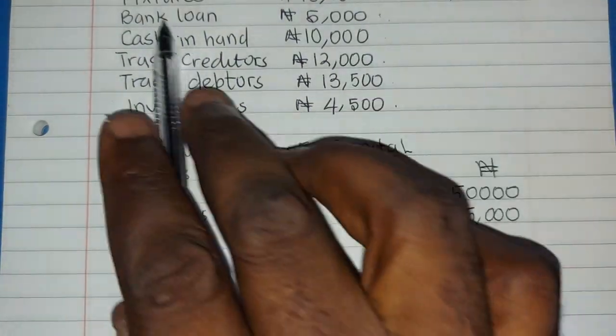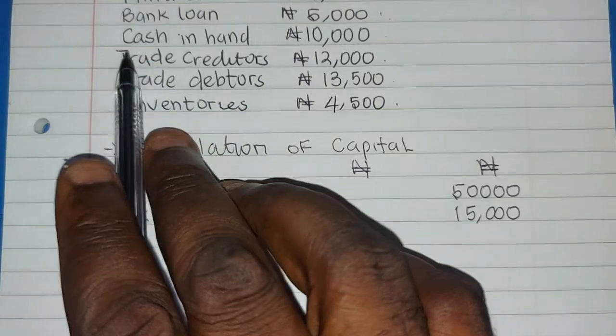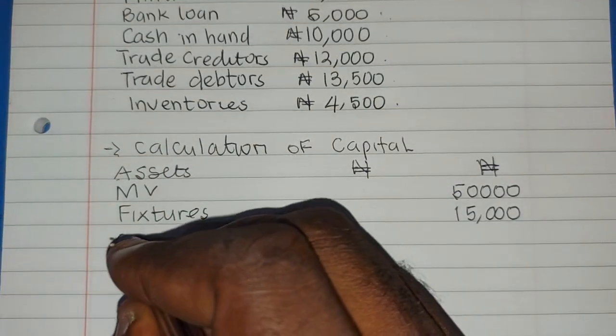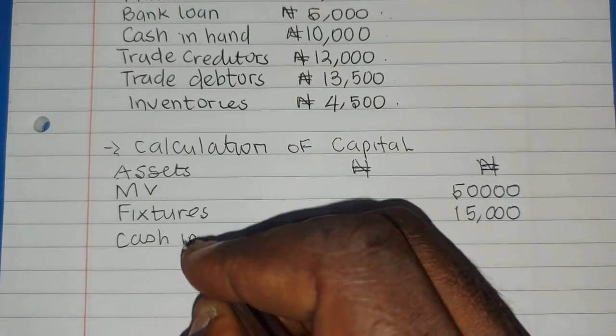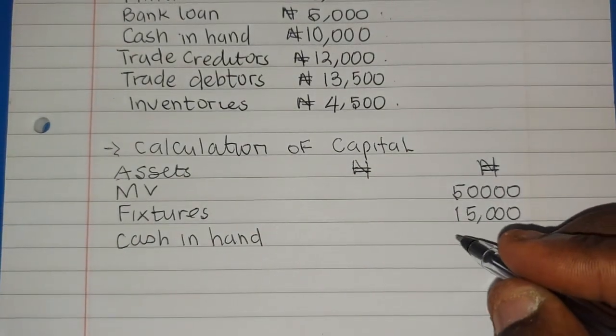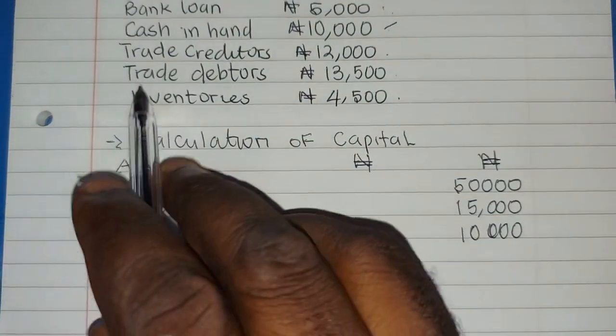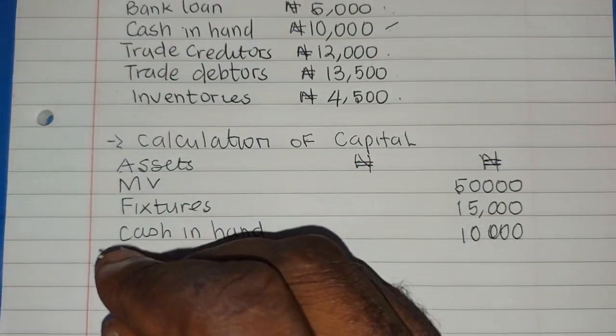Okay, bank loan is a liability. All right, then we have cash in hand, which is also an asset. Cash in hand, that is 10,000. Then you tick. We have trade debtors, which is an asset.